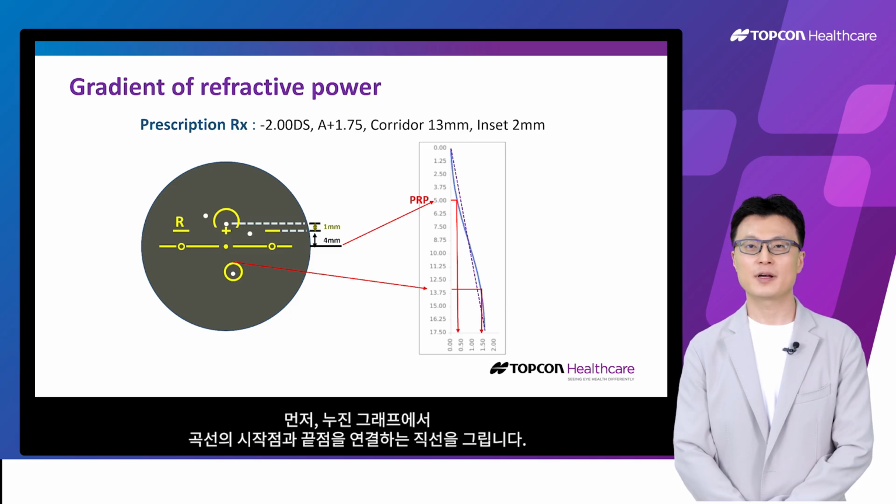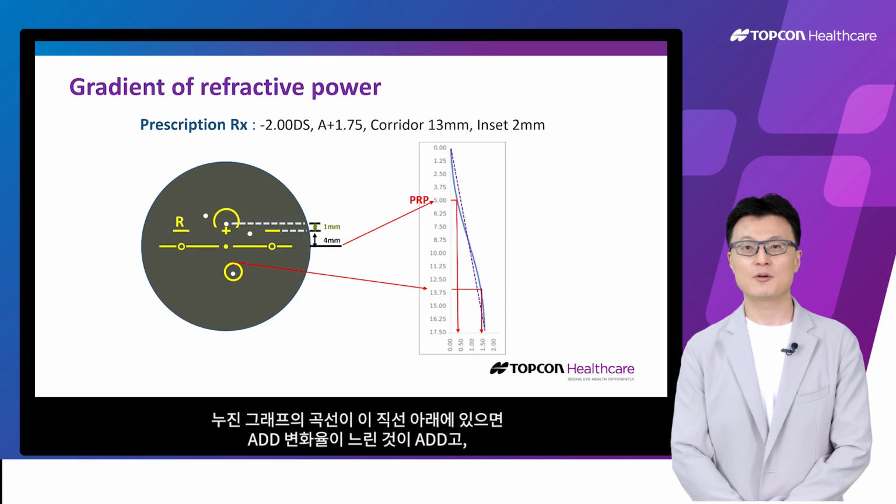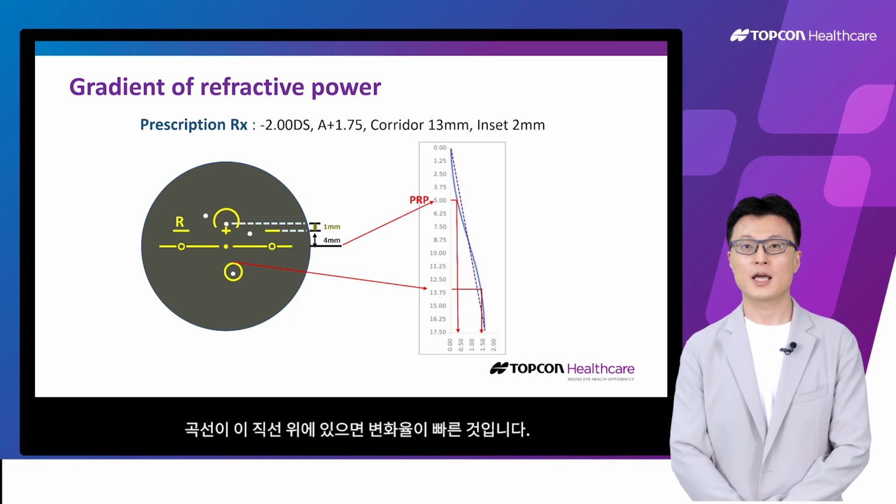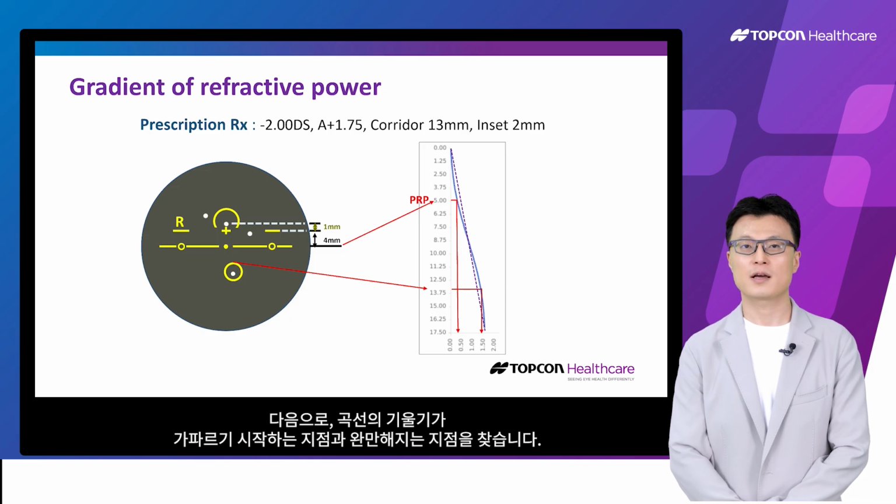Now, let me explain how to interpret the change rate of refractive power using the progressive graph. First, draw a straight line connecting the start and end point of the curve on the progressive graph. If the curve is below this straight line, the change rate is slow. And if the curve is above it, the change rate is fast. Next, find the points where the slope of the curve starts to get steeper and where it becomes flatter.